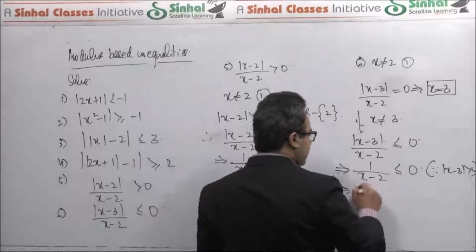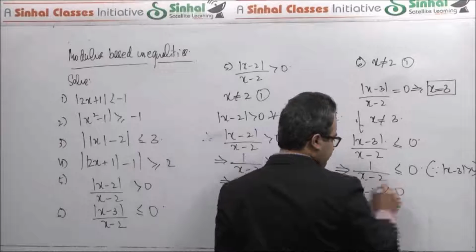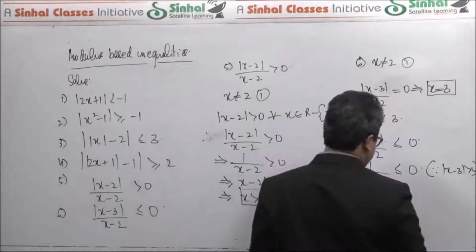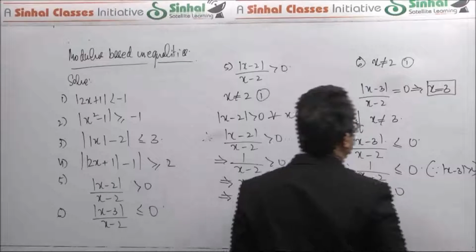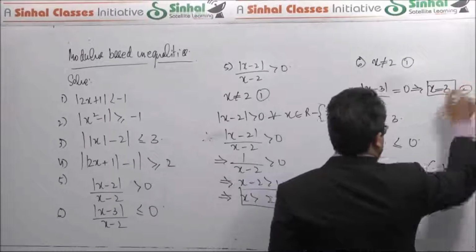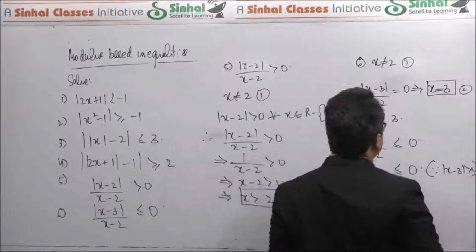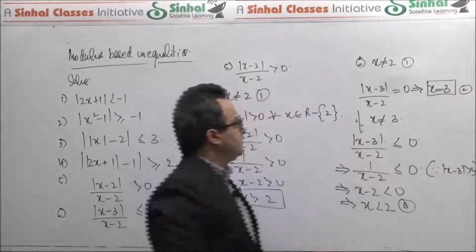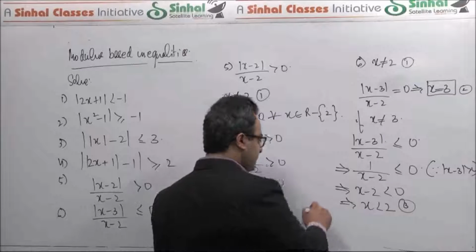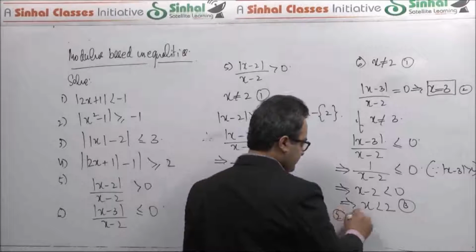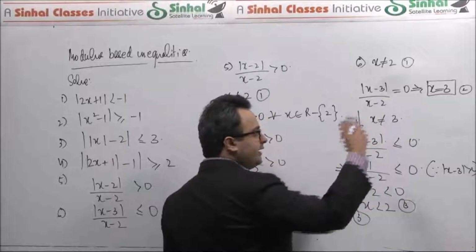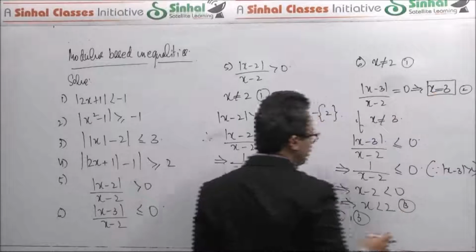And of course, for this to happen, x minus 2 itself must be negative. Right, so from 1, 2 and 3, our final solution set should be x can take all values which are less than 2, and additionally it can also take the value 3.